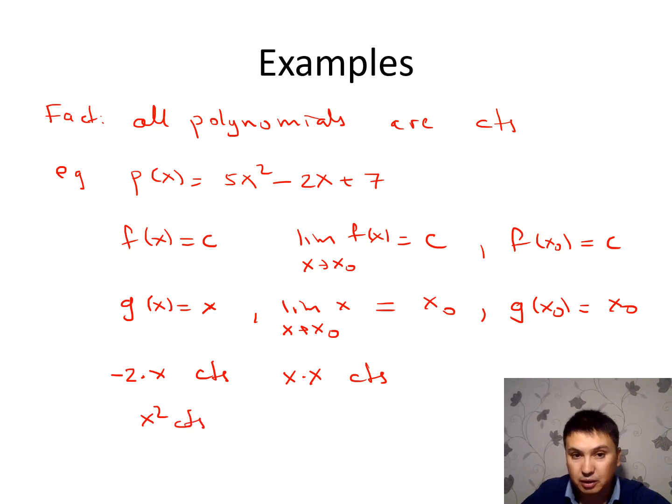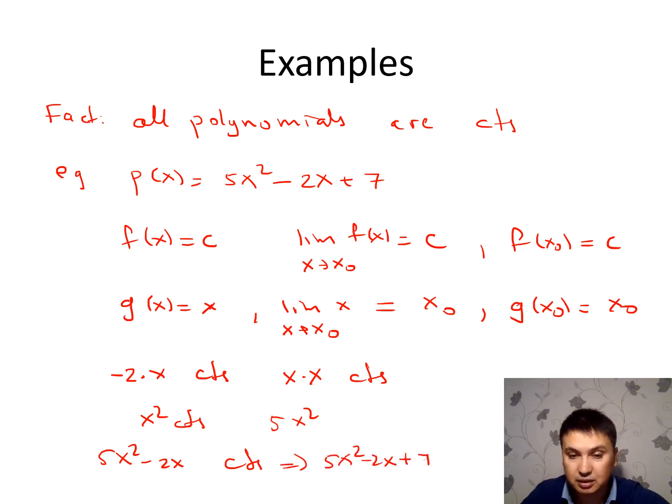And if you multiply by another continuous function, which is 5, then 5 times x squared is also continuous. So now I can take 5x squared minus 2x, which is the difference of two continuous functions, that's also continuous. And then finally I can add another continuous function, which is 7. Well, this also implies 5x squared minus 2x plus 7 is continuous. So with this sort of trick, you can basically prove that any polynomial is continuous.